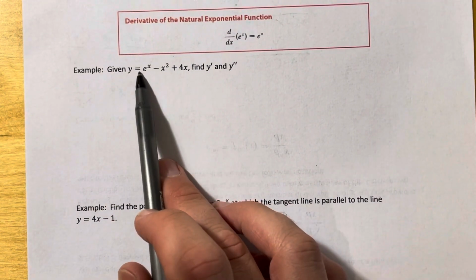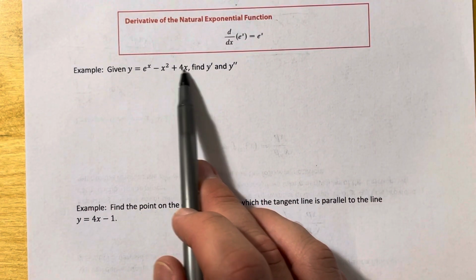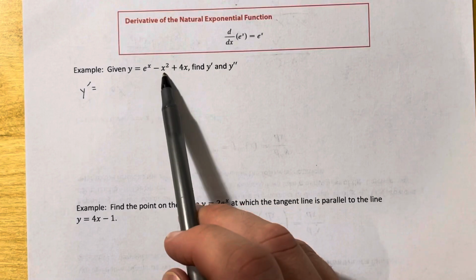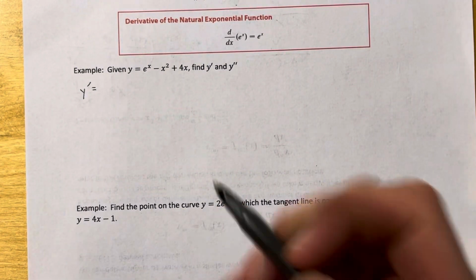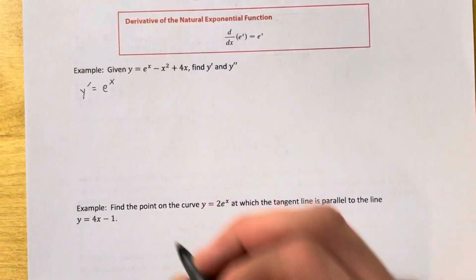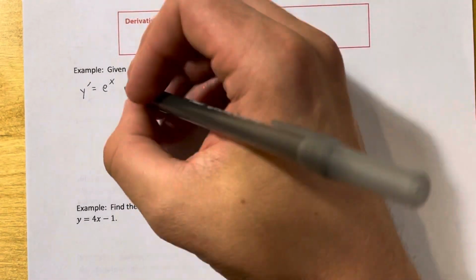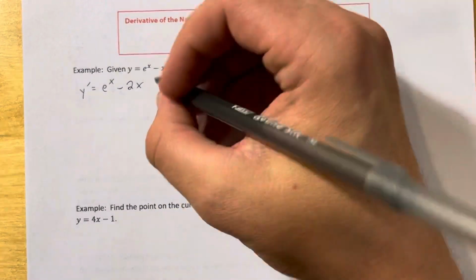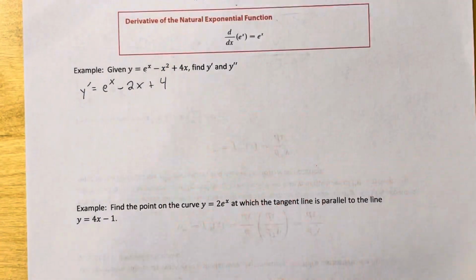We have this function y equals e to the x minus x squared plus 4x. We want to find y prime and y double prime. For y prime, my derivative, I can do term by term with my sum and difference rules. The derivative of e to the x is itself, e to the x. Minus x squared, using the power rule, the derivative would be 2x, plus 4x, again with my power rule, derivative would be 4.